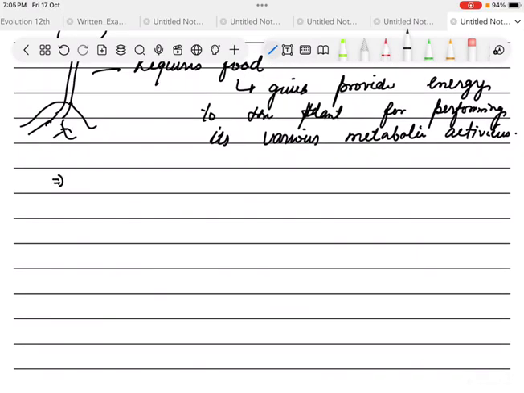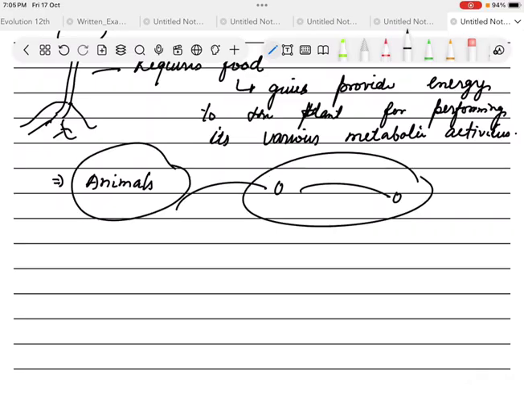Now, unlike animals, suppose if there is an animal, what animals do, they traverse from one place to another in search of food. Once they search the food, they ingest it and derive energy from it for their various metabolic activities.